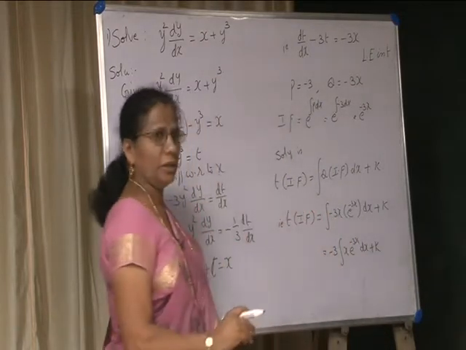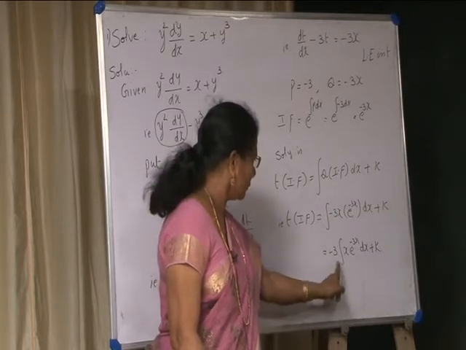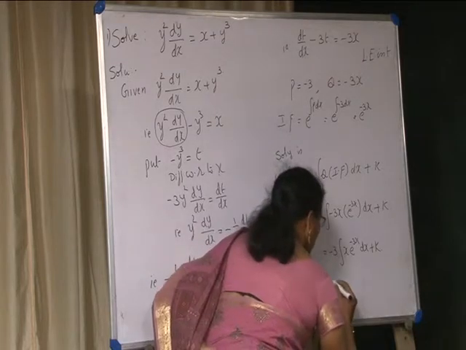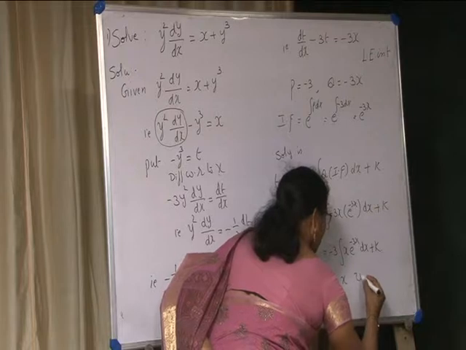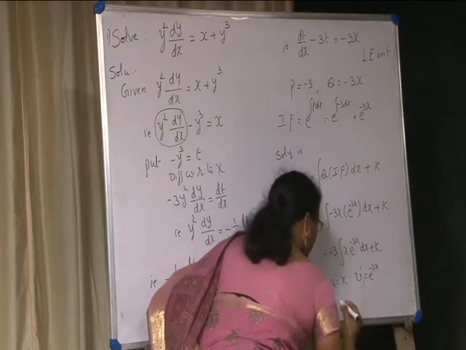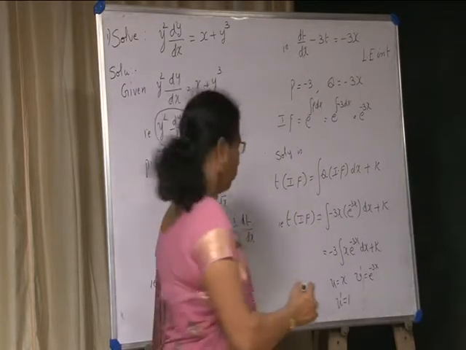See how to integrate this. T into IF is equal to minus 3 into this. Using integration by parts, u is equal to x, v dash is equal to e to the power of minus 3x. Differentiating with respect to x, u dash is equal to 1.